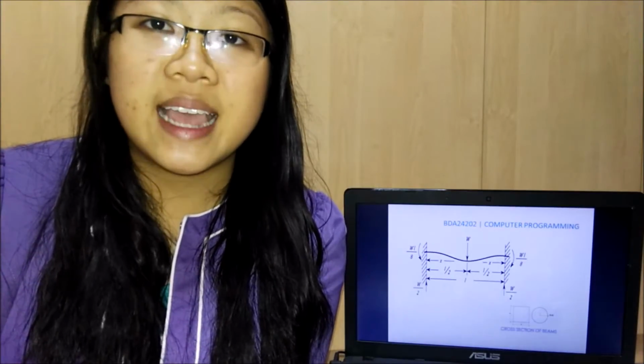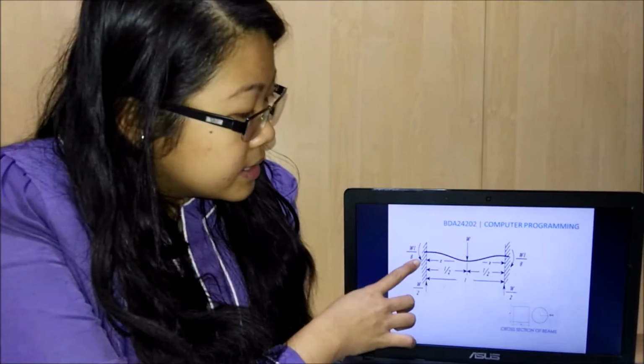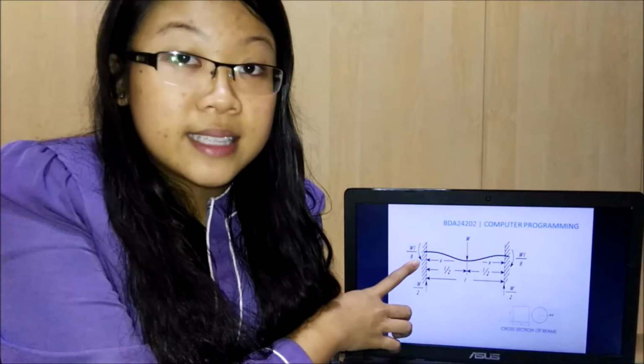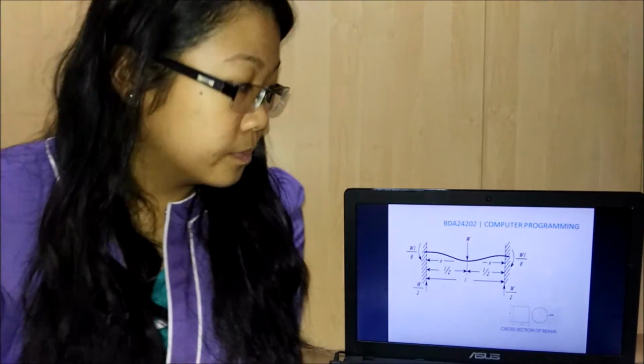This is my case for deflection of beams. I am choosing the case of a beam supported at both ends with a fixed support, as well as loading at the middle of the beam, which is the concentrated loading at the middle. As you can see, this beam is fixed at both ends, and W is the load applied on the beam.